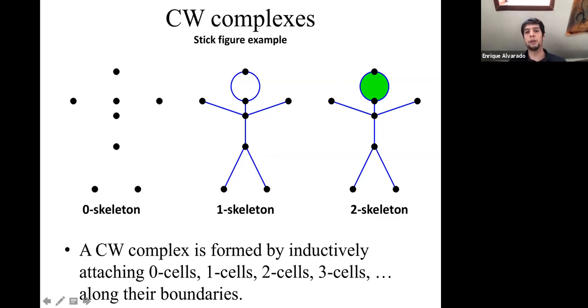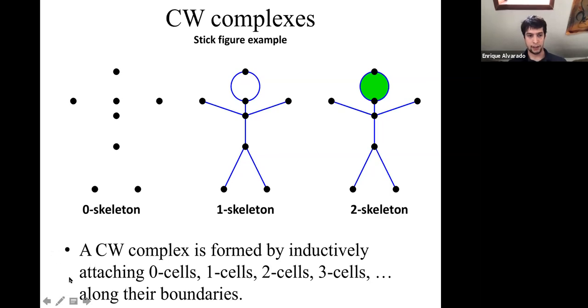The only requirement is that the boundaries of the 1 cells get attached to what you had in the past. If you want to place your 2 cells now, the boundary of a 2 cell is a circle, and you can just fill in the head of the stick figure guy by gluing the boundary along the circle that's defined by the head.